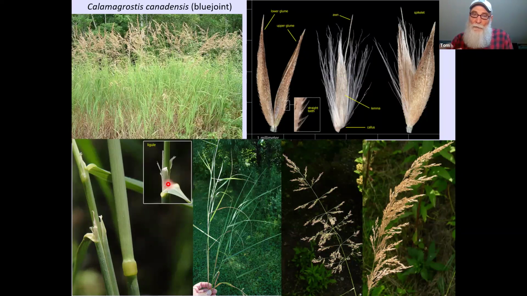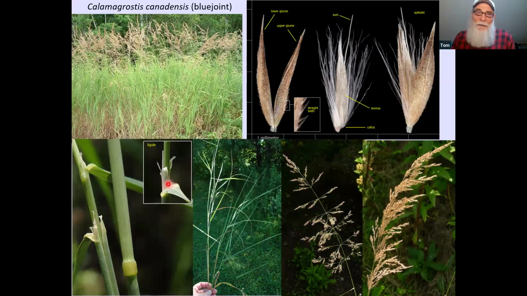Of course, these things all have a range that they fall within, and so there's variation. But generally, for blue joint, the ligules can be up to 12 millimeters.